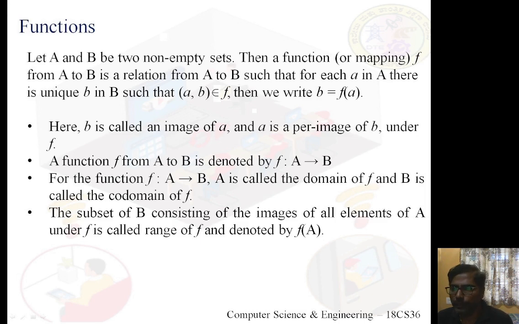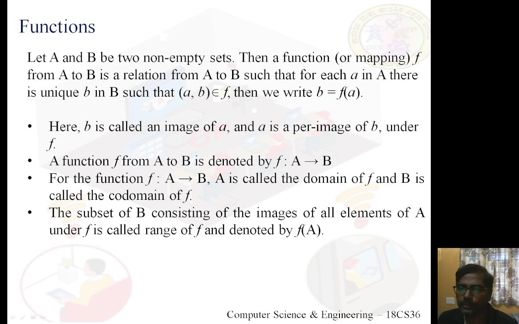So this B, an element of set B, we call an image for an element A in set A. I mean to say here, B is an element of set B to which an element A of set A is related. We call it an image of A.